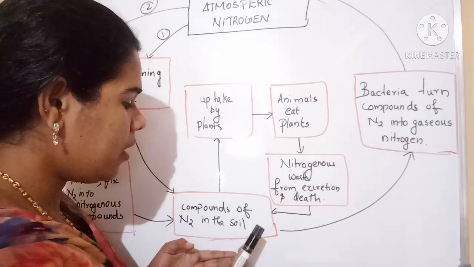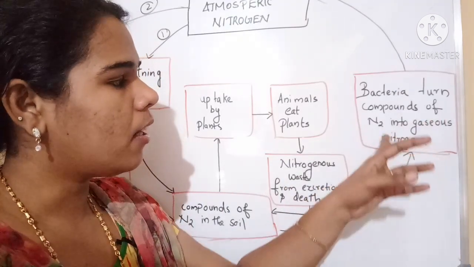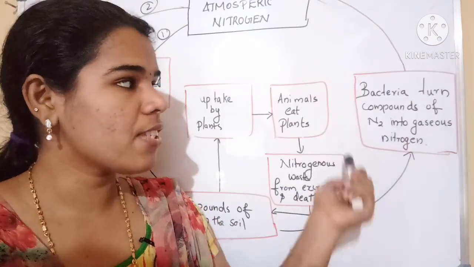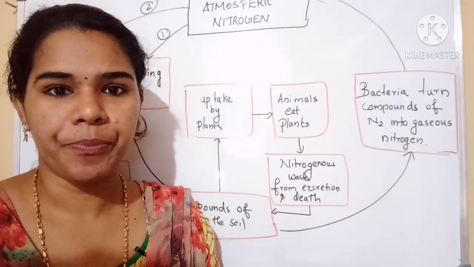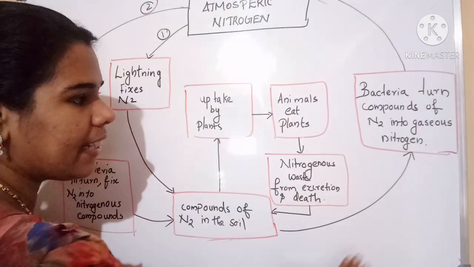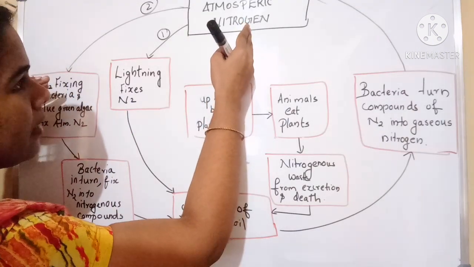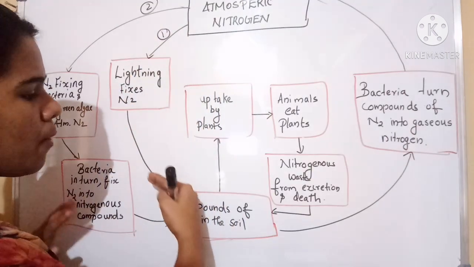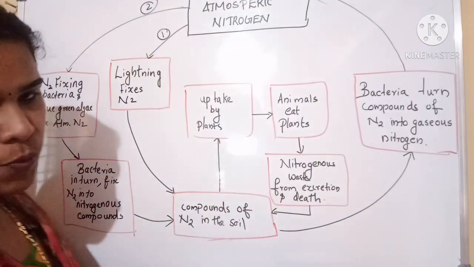Some small bacteria act on these compounds and turn them into gaseous nitrogen, and again it is released into the atmosphere. This is the nitrogen cycle. So the nitrogen comes from the atmosphere, undergoes some changes, and again turns back to the atmosphere.